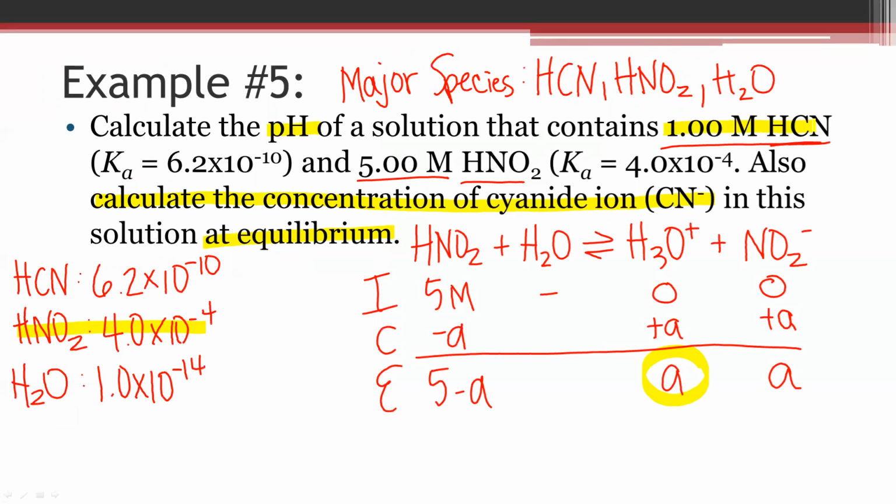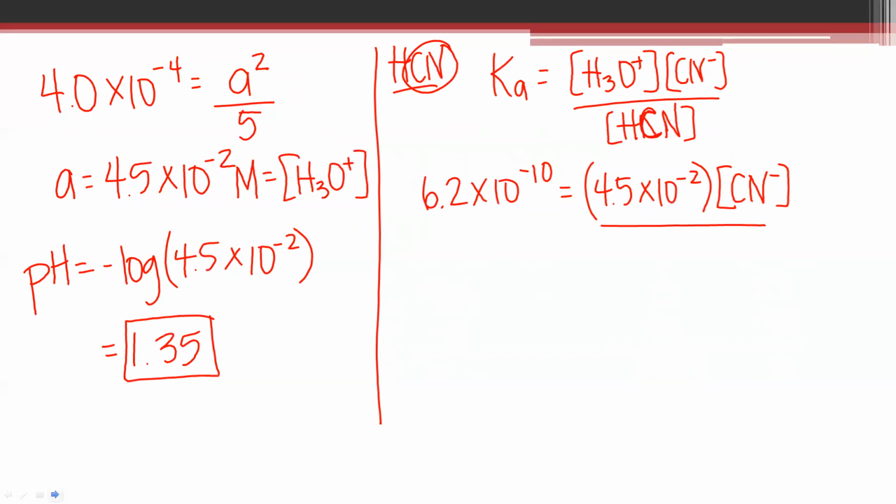So we will assume that even if we knew what the change was at equilibrium, if we rounded it, it was probably still going to be 1 because it was going to be such a small change. So I'm just going to keep in the bottom for my HCN concentration my 1.00. So we're dividing by 1 here. Then it's a lot easier to find that concentration of CN because all we have to do is take our Ka divided by our hydronium ion. So then I got the concentration to be 1.4 times 10 to the negative 8 molar.